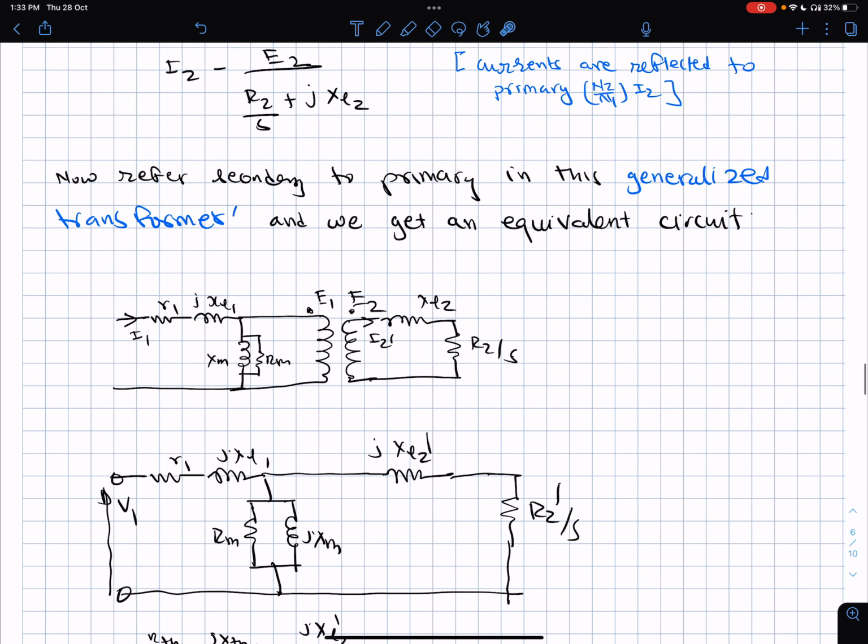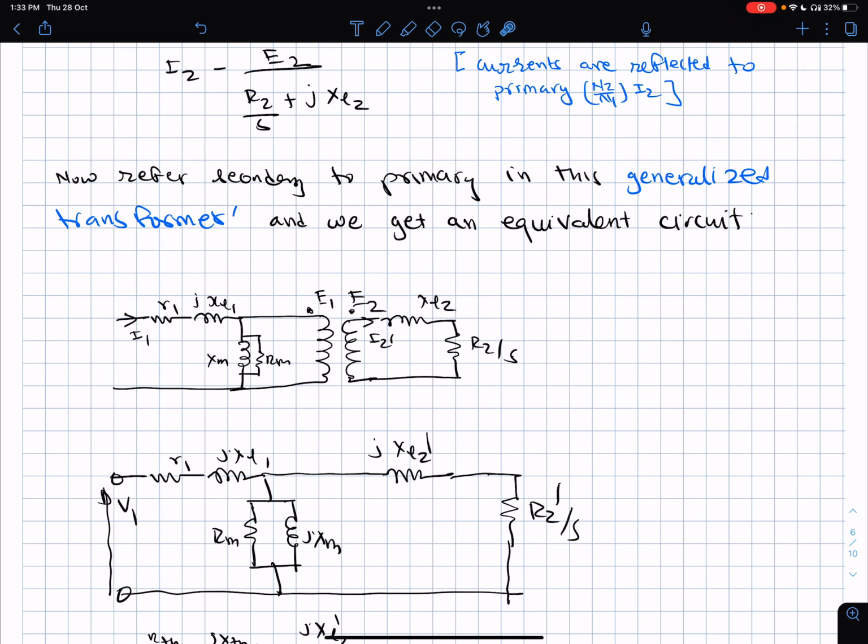So now we can use the transformer equivalent circuit to discuss this further, leading to this description of the induction machine as a generalized transformer.